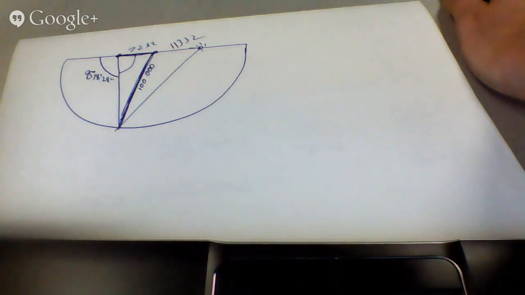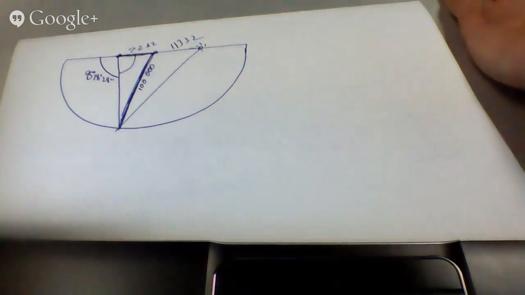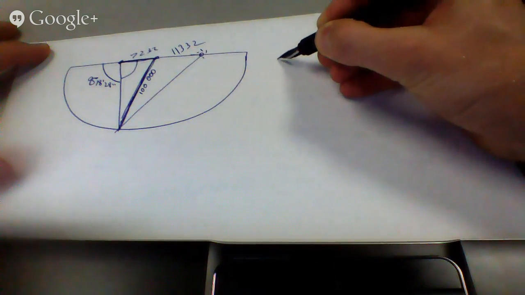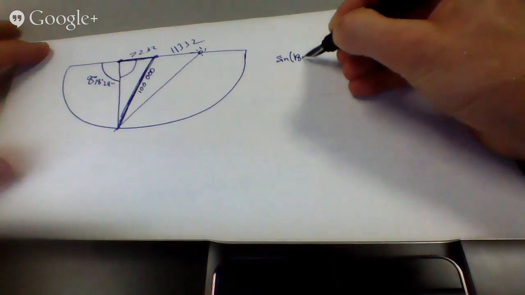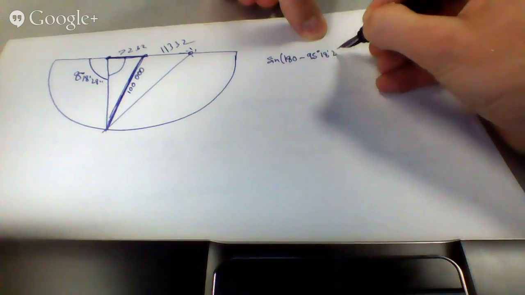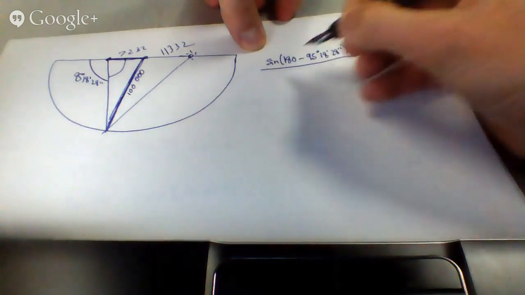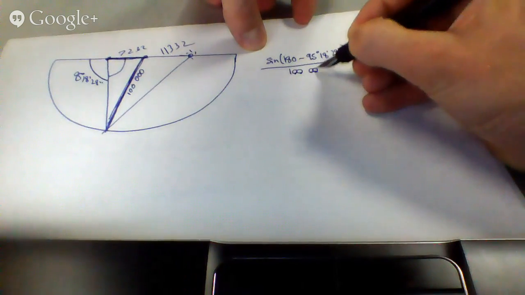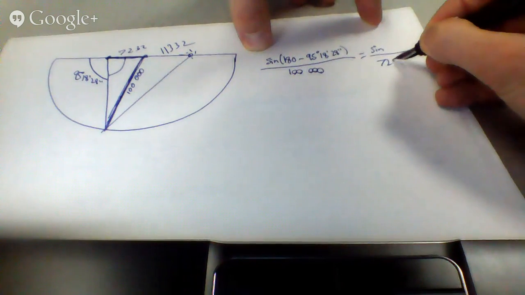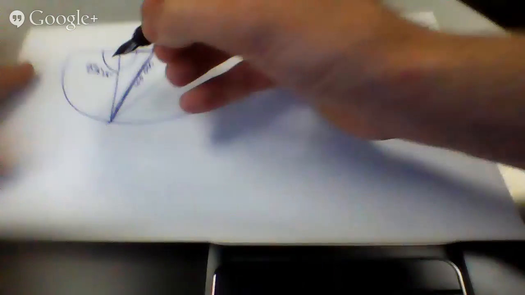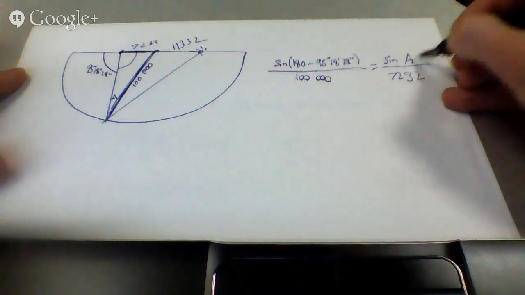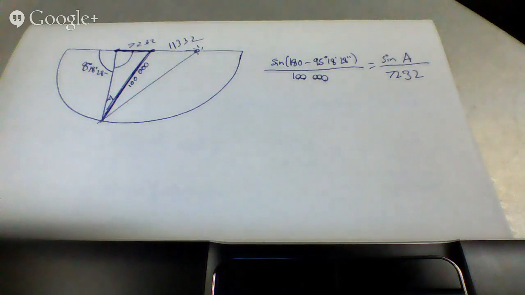I think you can use the law of sines. Exactly. Right. Yep. We know that the sine of 180 minus 95, 18, 28 over 100,000 equals the sine of, let's call this angle A, over 7232.